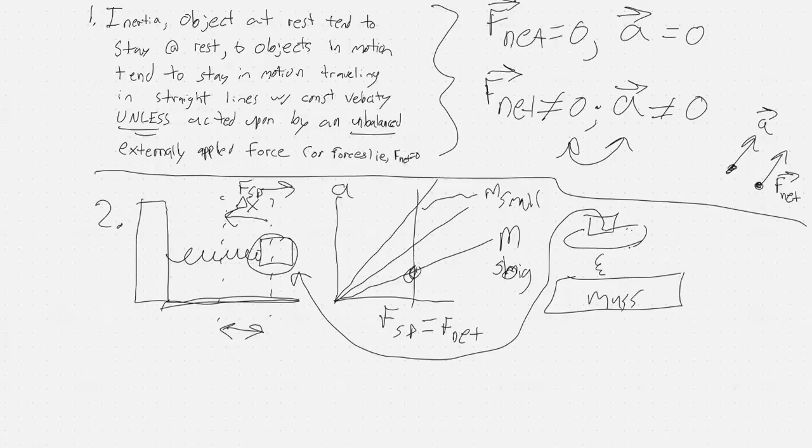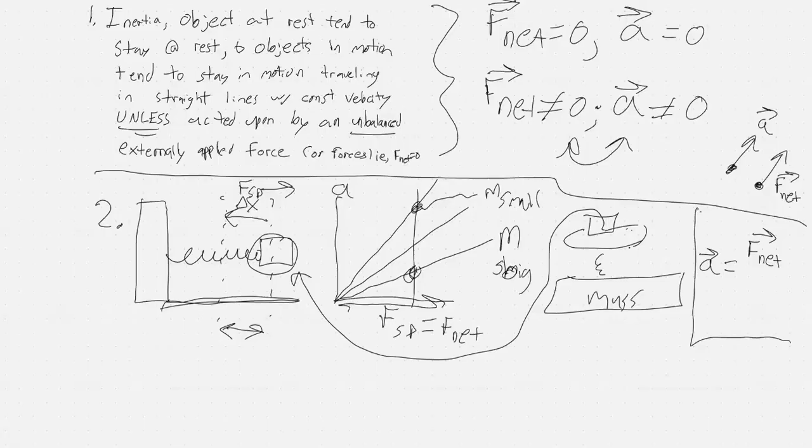And so if we put together all of the variables at play here, what you'll find is that the acceleration caused in an object will depend on the size of the unbalanced force applied to it. That's the direct proportion, right? As F gets bigger, A gets bigger, divided by the mass of the object.